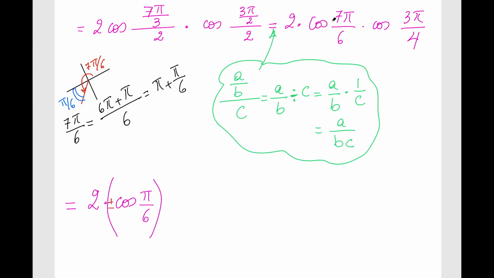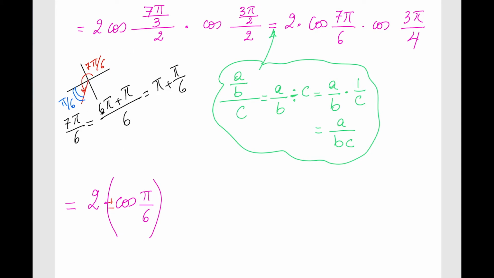So one more time, trig function acting on an angle is plus or minus, which is to be determined. This is something we developed way earlier in the course. Plus or minus times the trig function, the same one, which is cosine in this case, times the reference angle of that angle, 7 pi over 6 in this context.